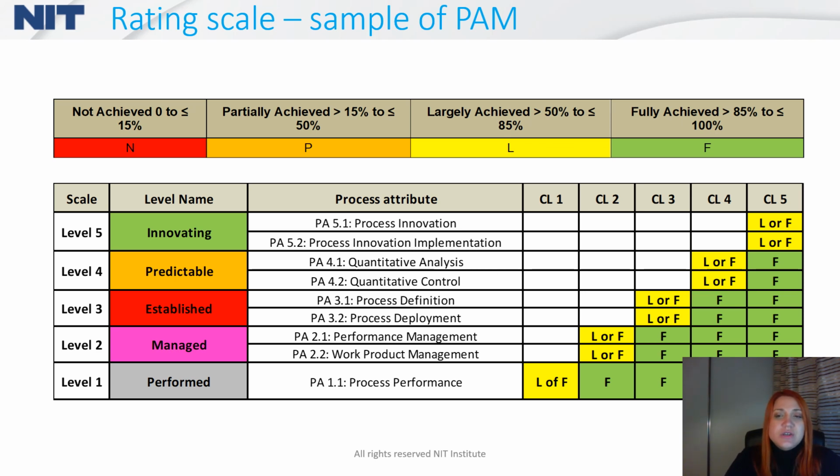In order to reach capability level 3, you need to be fully compliant to all the PIs which are previously checked: PI 1.1, PI 2.1, and PI 2.2. All of them must be fully, and you can be either largely or fully for the level 2 PIs. The same way you will treat level 4 and level 5.